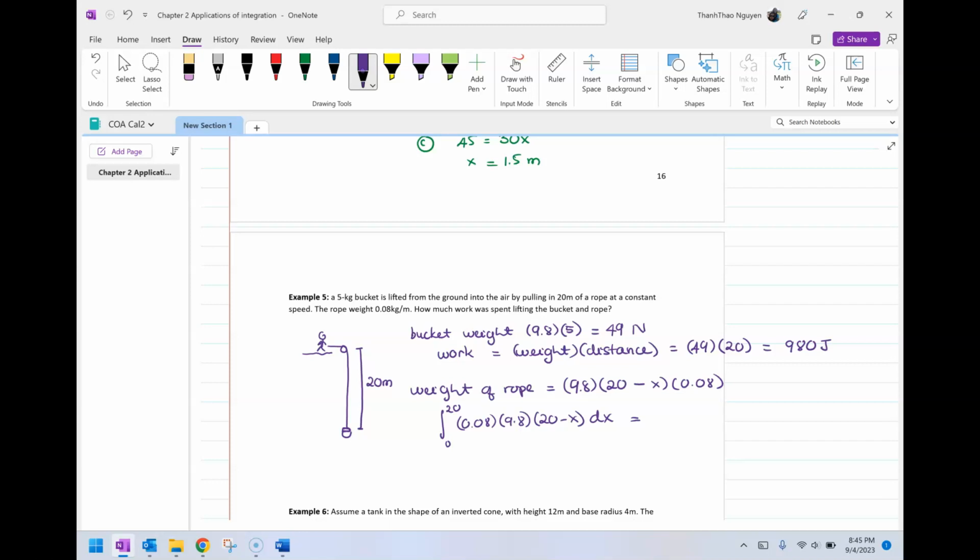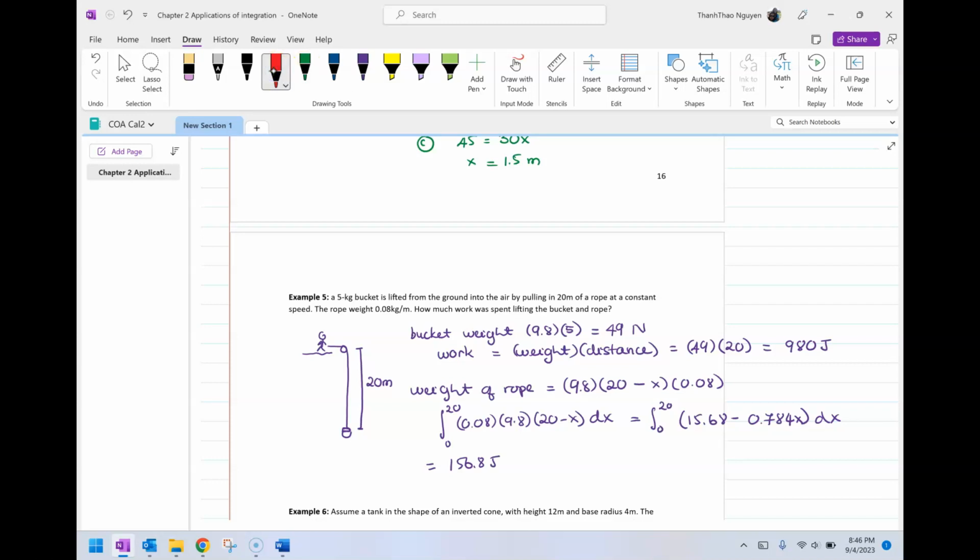Evaluating this integral, we get the integral from 0 to 20 of 15.68 minus 0.784x dx, and this equals 156.8 joules.